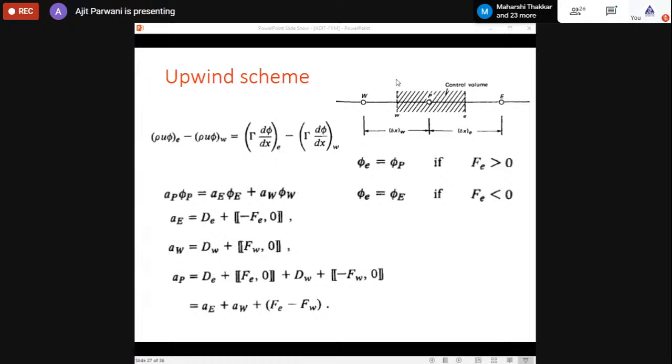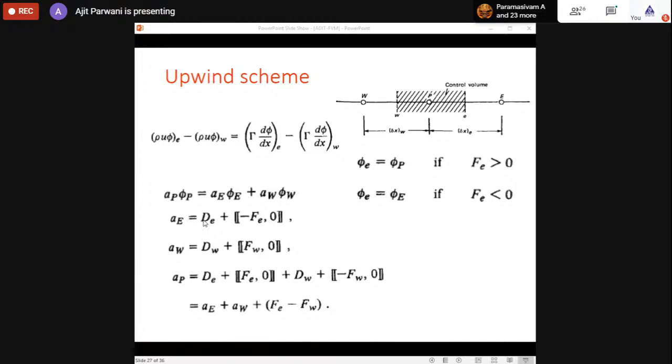If the velocity is in the other direction, then I will choose this variable. So we need to choose one variable depending upon the direction of the velocity. The selection operator will choose the maximum of the two values. If Fe is positive, then the maximum of the two values is 0.